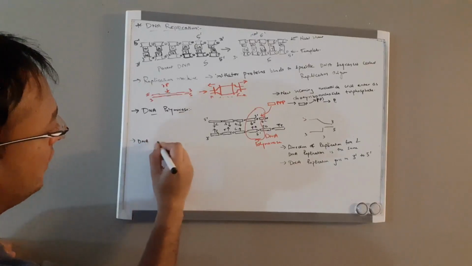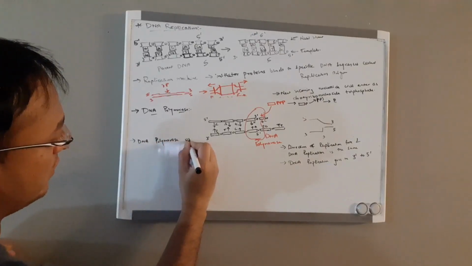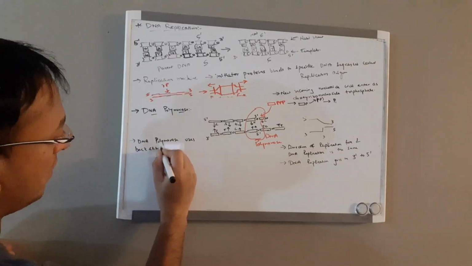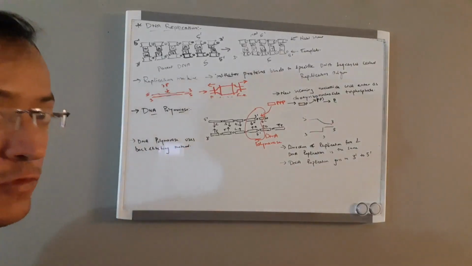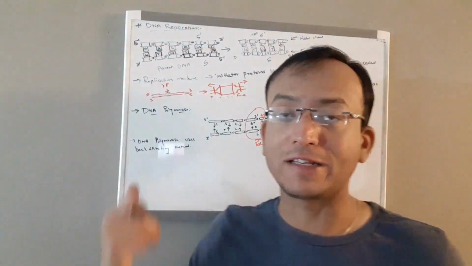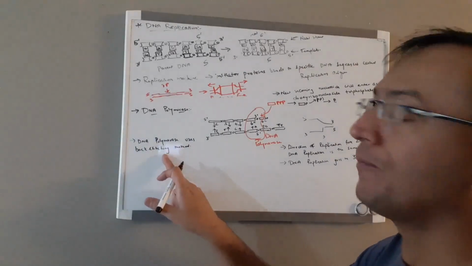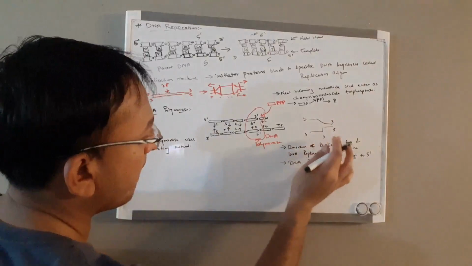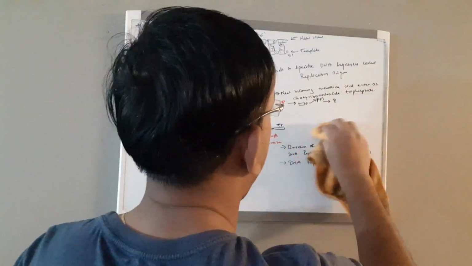What happens is that the DNA polymerase uses a back stitching method. If you know how to sew, you will know the back stitching method used in sewing. I will show you how this happens. I will use the same thing here.